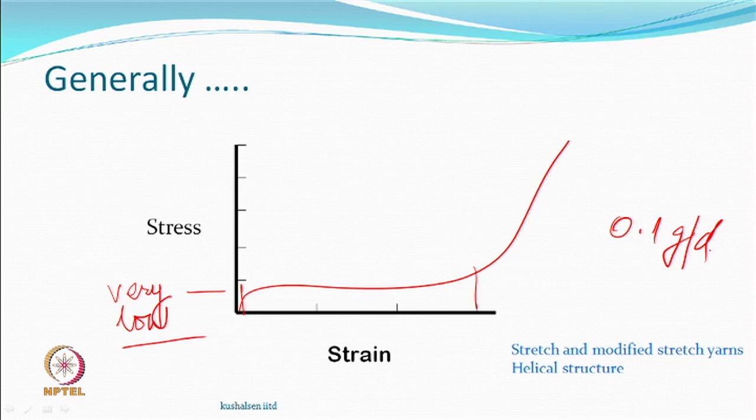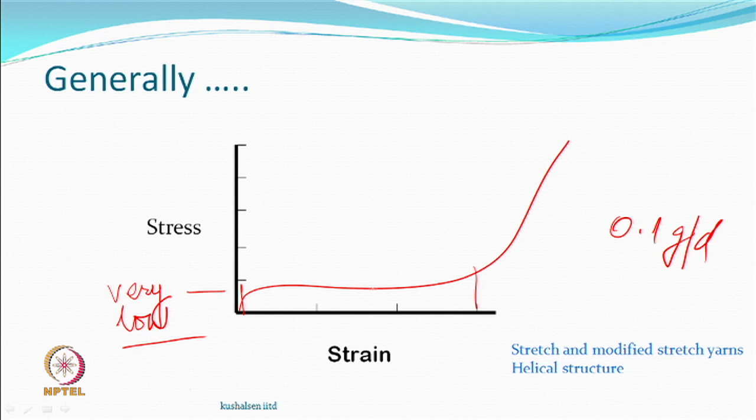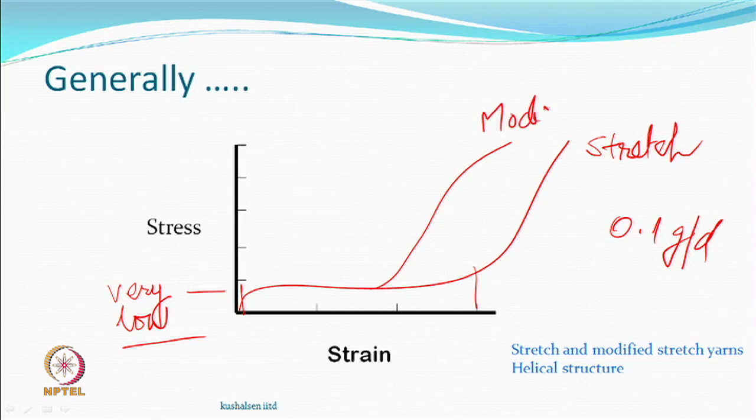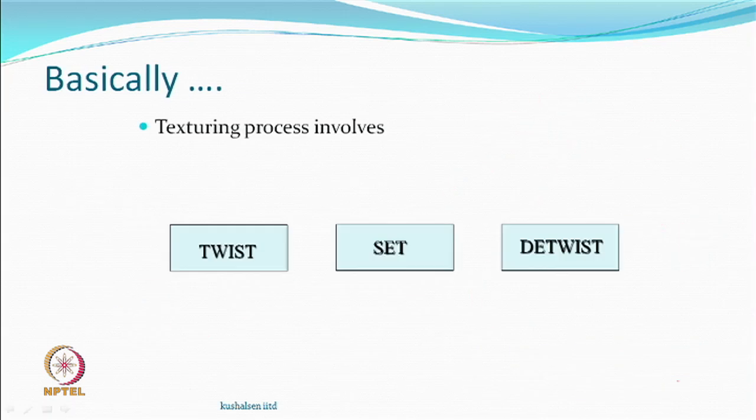So, these types of yarns would have a stress strain behavior of this type and can be modified. In that case, you may have reduced stretch. So, you have stretch yarns and modified stretch yarns. So, this is what we have already understood.